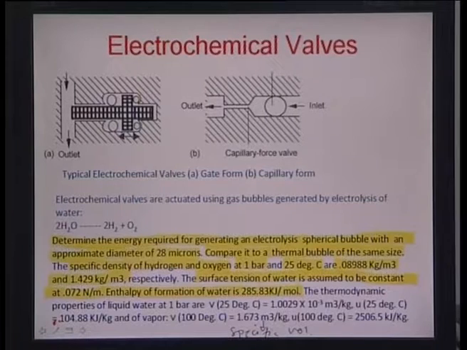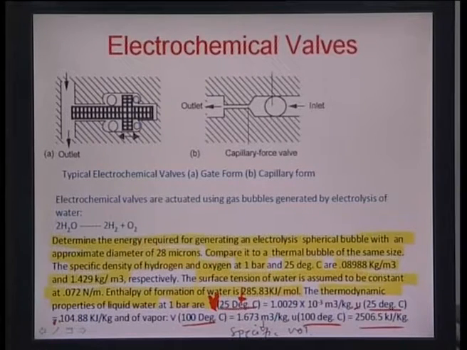Some other thermodynamic properties of liquid water at 1 bar pressure are given: the specific volume and internal energy at 25 degrees Celsius, and similarly the specific volume and internal energy at 100 degrees Celsius.